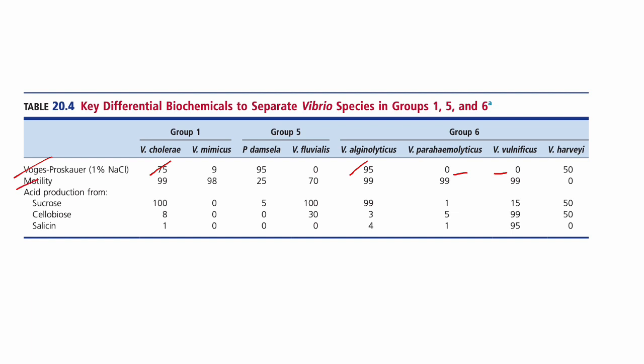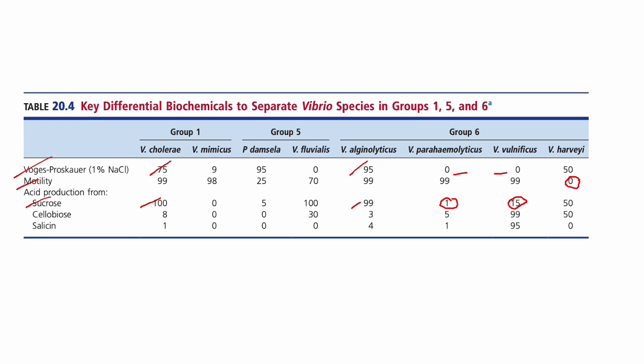While for motility, only Vibrio harveyi is non-motile. For the acid production from sucrose fermentation, we have your Vibrio cholerae, which is a sucrose fermenter, and Vibrio alginolyticus, also a sucrose fermenting bacteria. For Vibrio parahaemolyticus, non-sucrose fermenter siya, again, green colonies. For vulnificus, variable, so it may or may not ferment sucrose.